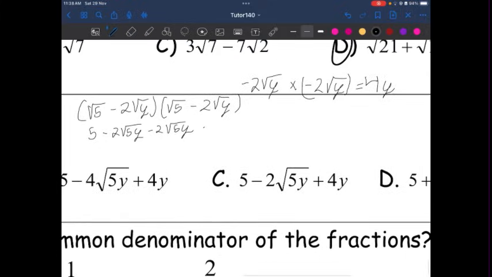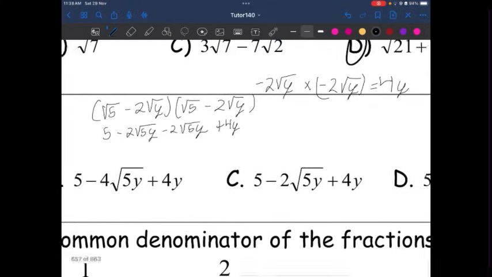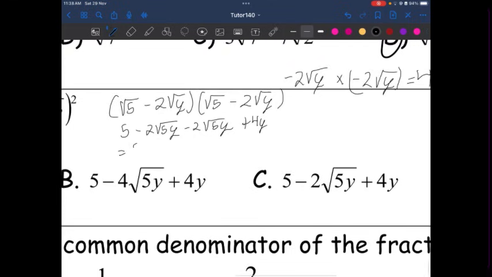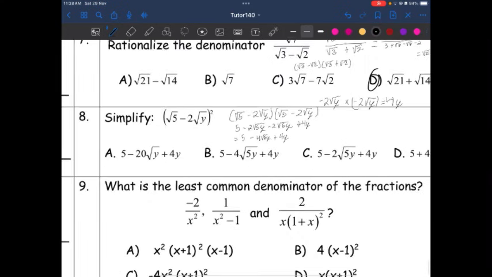So that'd be plus 4y. And when we simplify that, that is 5 minus 4 root 5y plus 4y. And that answer is B.